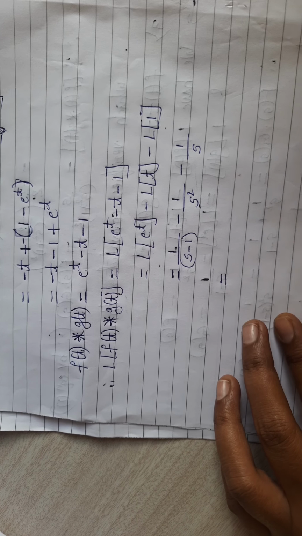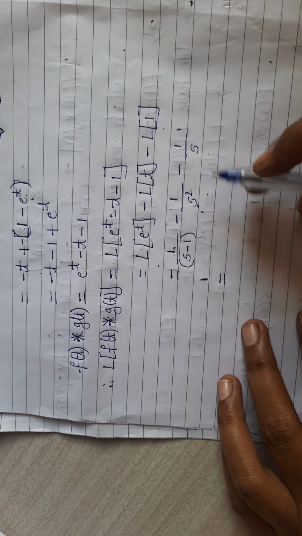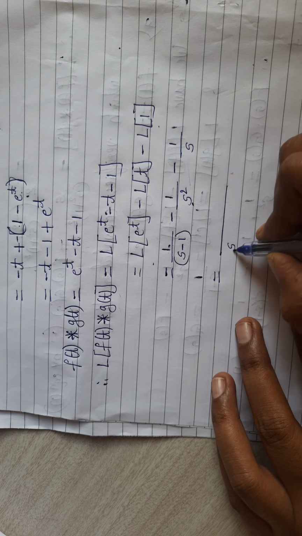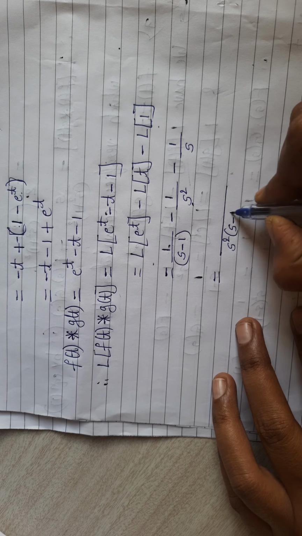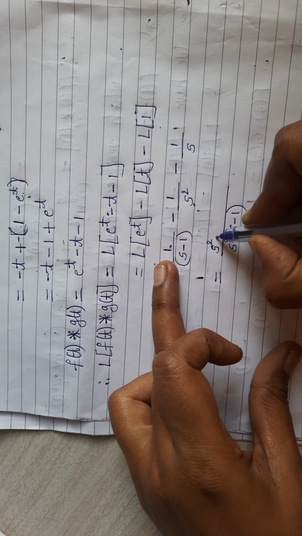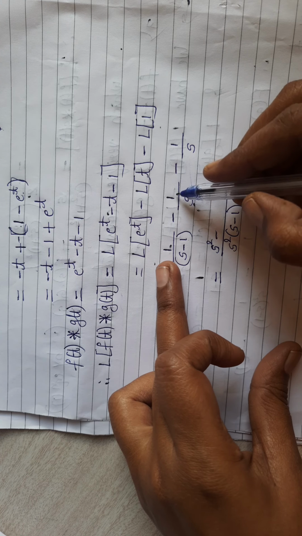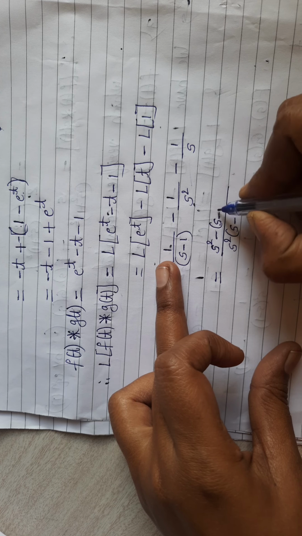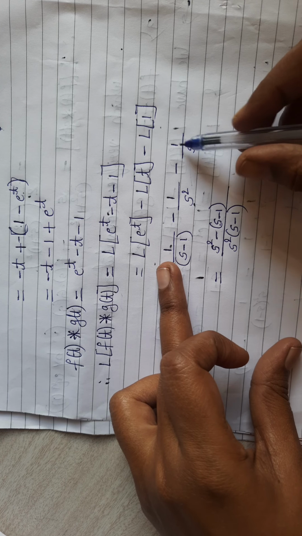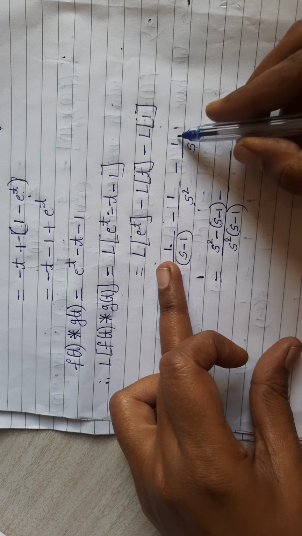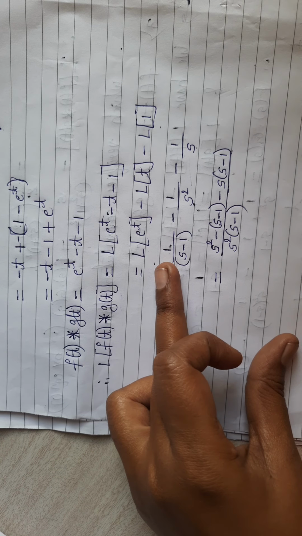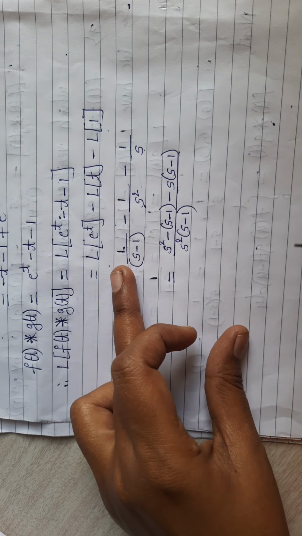So this is equal to, take the LCM here. I'll take the LCM as s square into s minus 1. So here you have to multiply s square, minus, here s square is already there, so you have to multiply s minus 1, put the bracket because the outside negative is there, then here s is there, so for the numerator we have to multiply 1s into s minus 1. So now simplify the numerator.